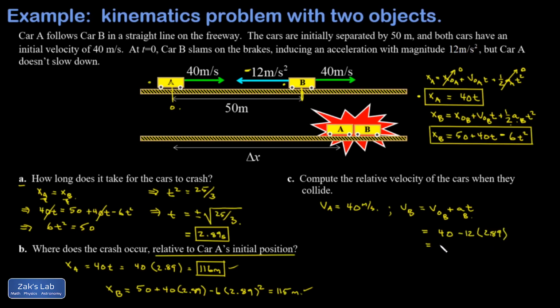So when the collision occurs, keeping 3 sig figs, the speed of car B was 5.32 meters per second, and it was still moving to the right. So my relative velocity, because the cars are going in the same direction, is going to be the difference between these two. And keeping 3 sig figs, I end up with 34.7 meters per second, meaning that car A was moving 34.7 meters per second faster than car B when they hit.